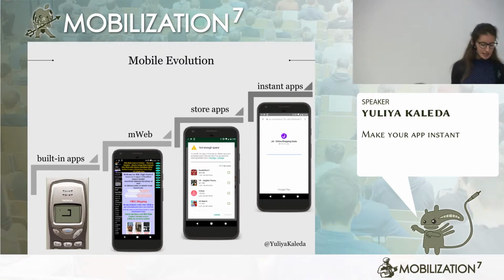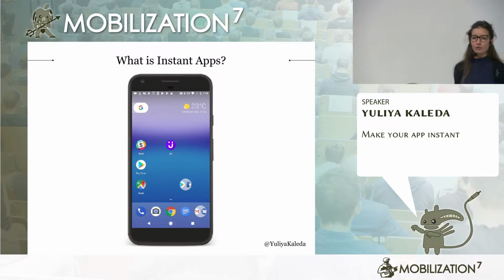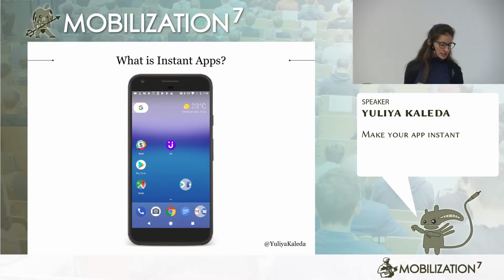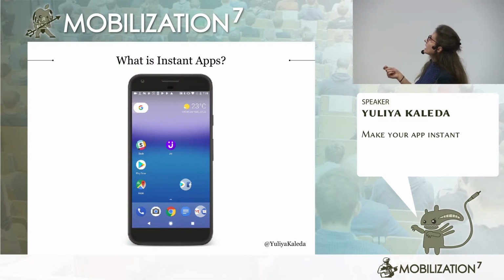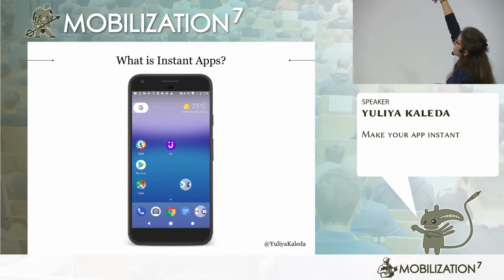So let's actually see how instant apps work in real life. You can see a Jet.com application on my launcher screen, right? I don't need it anymore, so I am uninstalling my Jet application from the launcher. And then I'm opening Chrome, and I need a new camera. So I'm typing Jet camera in my Chrome browser, and then I can see a list of links. Next to the links, you can see instant in gray text, probably on the first two links.